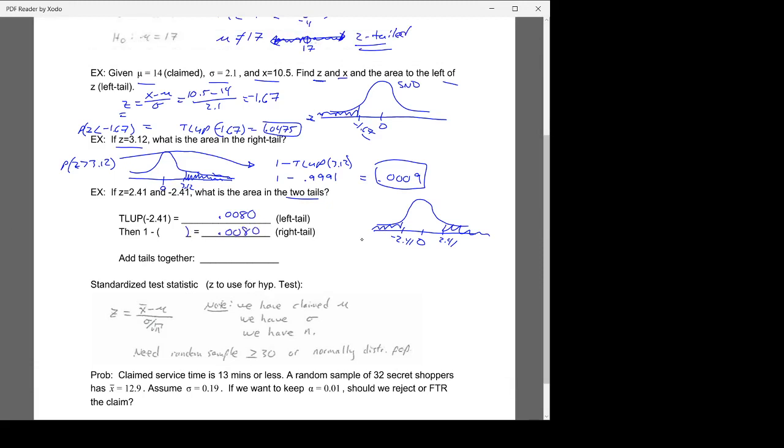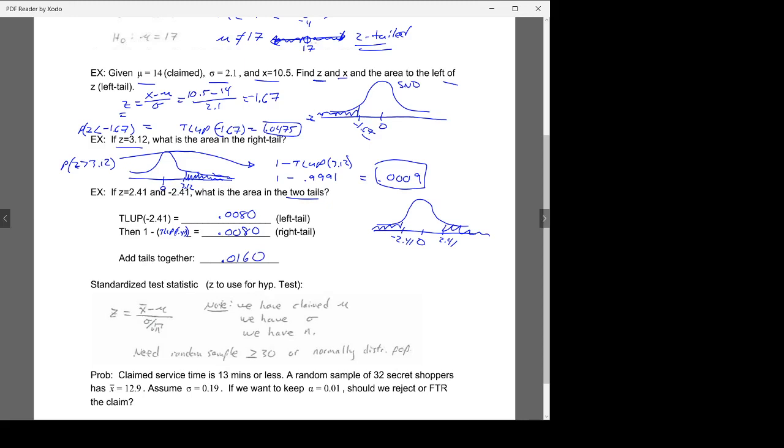Because these are symmetrical tails. So you could do 1 minus the table lookup of 2.41 here, and you'd end up with 0.0080. And they add together, you get 0.0160.